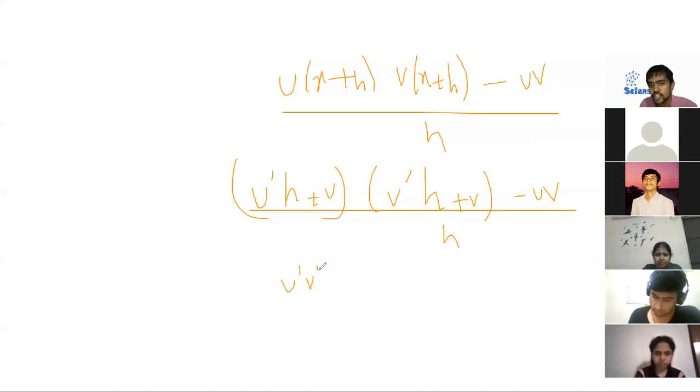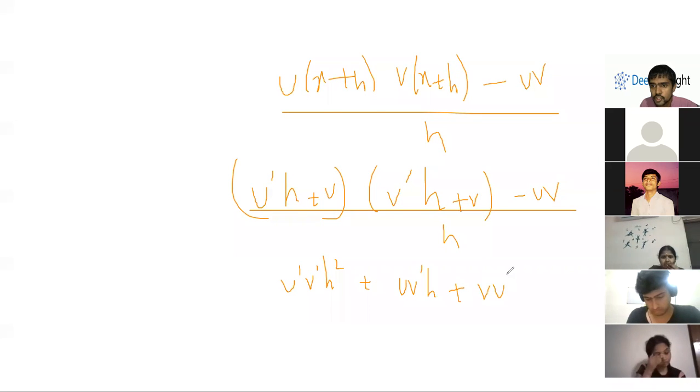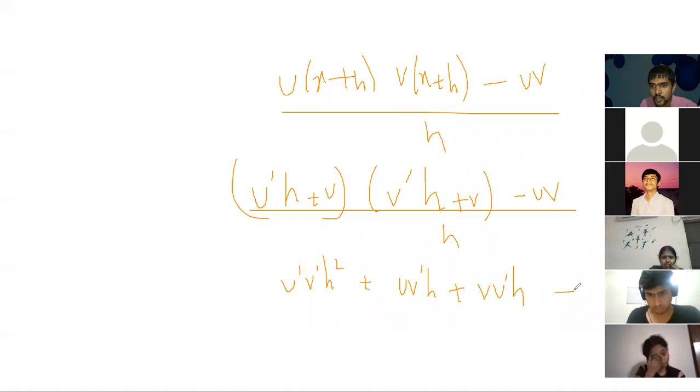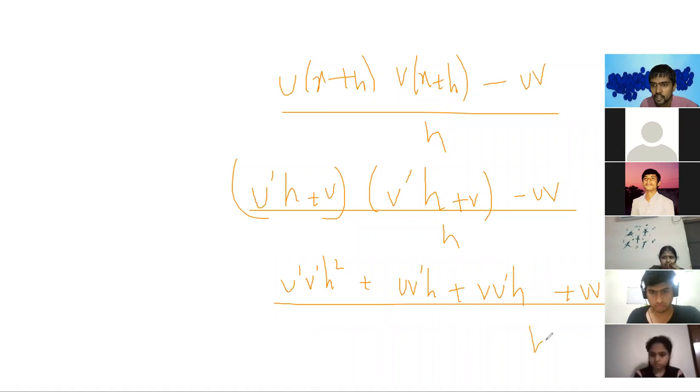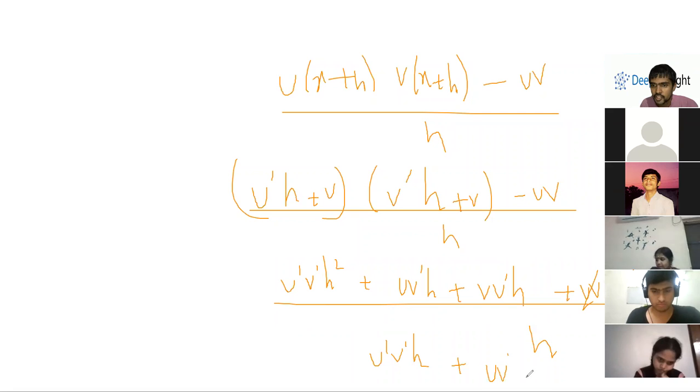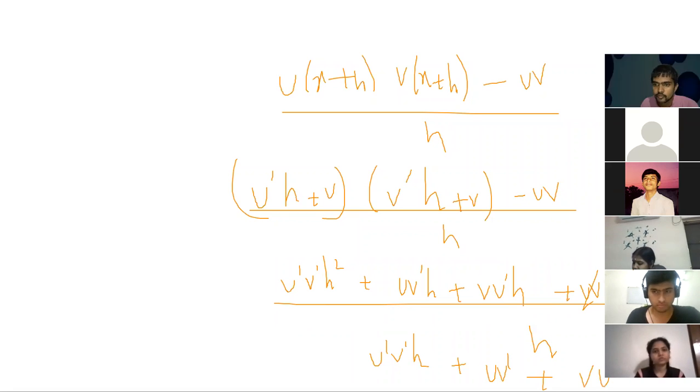U dash v dash h square plus u v dash h plus v u dash h plus uv minus uv, whole divided by h. This uv and uv cancel. This h square. So if I divide everything by h, what will I get? U dash v dash h plus u v dash plus v u dash.